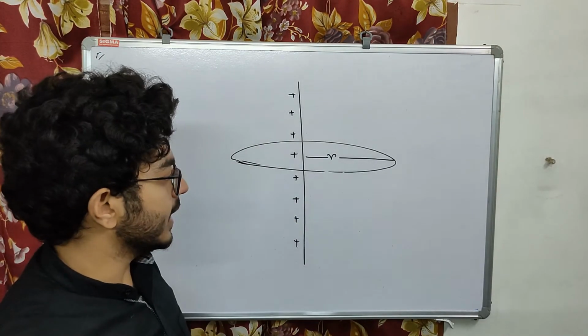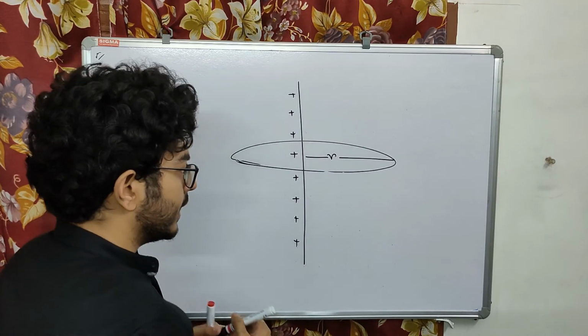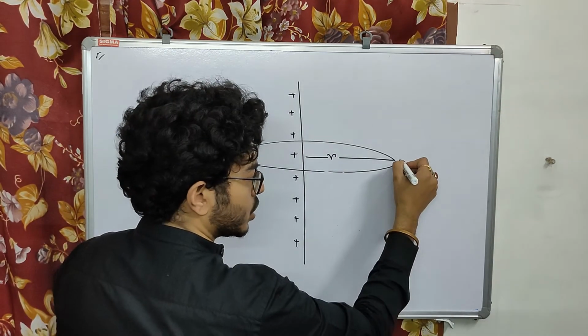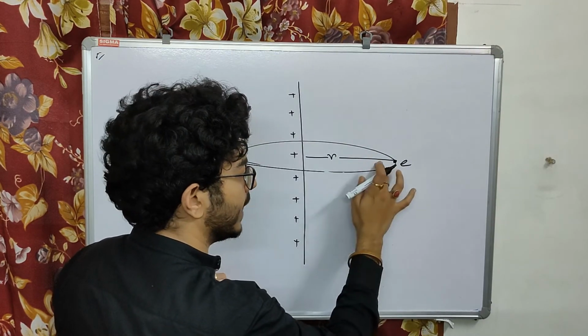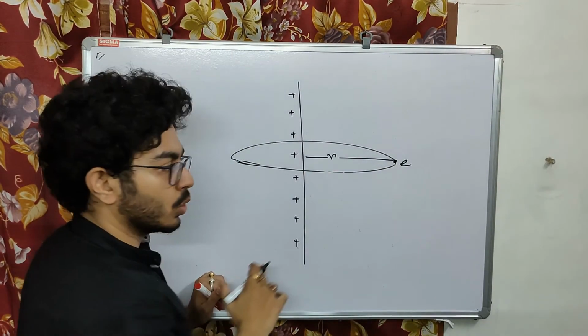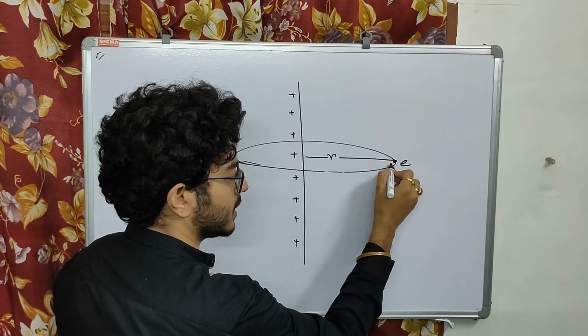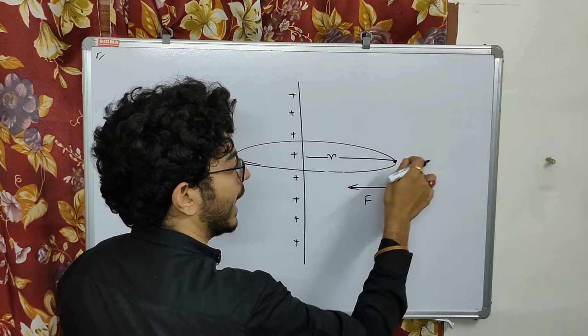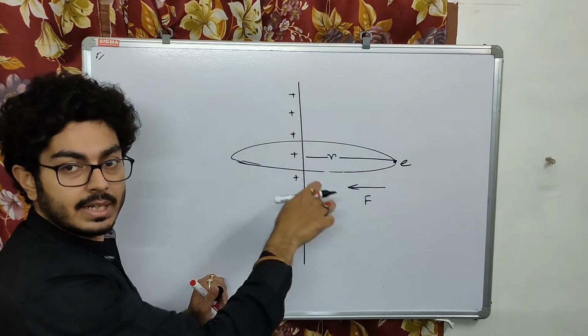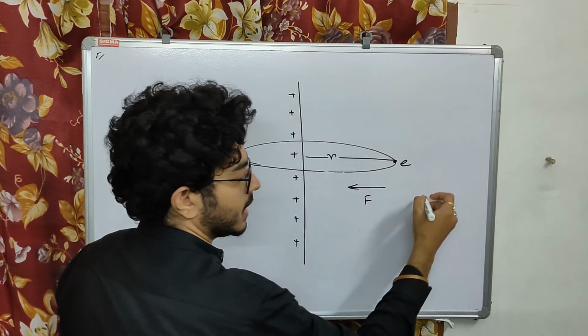If this is the electron, the electron should be attracted towards this side. So there is an attractive force, and as it is revolving in the orbit, there is also a centrifugal force.